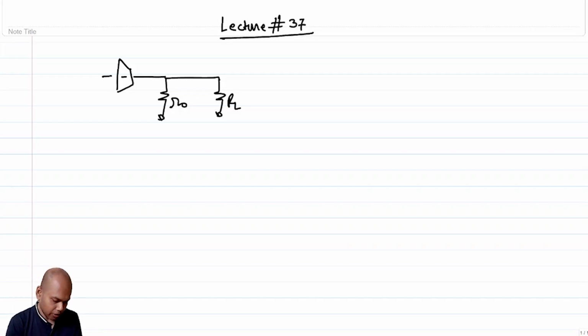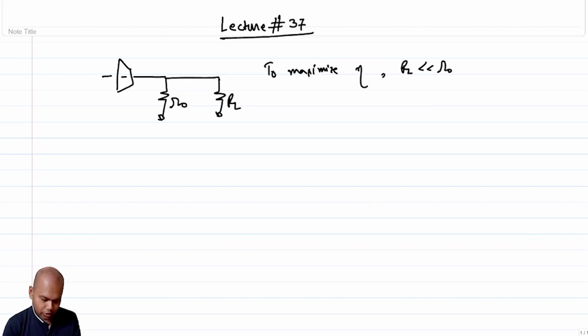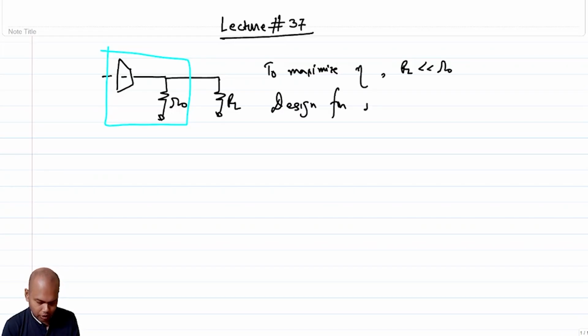To maximize efficiency, eta, we want RL to be much less than R0. But RL is not in your control, but R0 is in your control, because this is the stuff that you are designing for. So we have to design for R0 to be much less than RL.